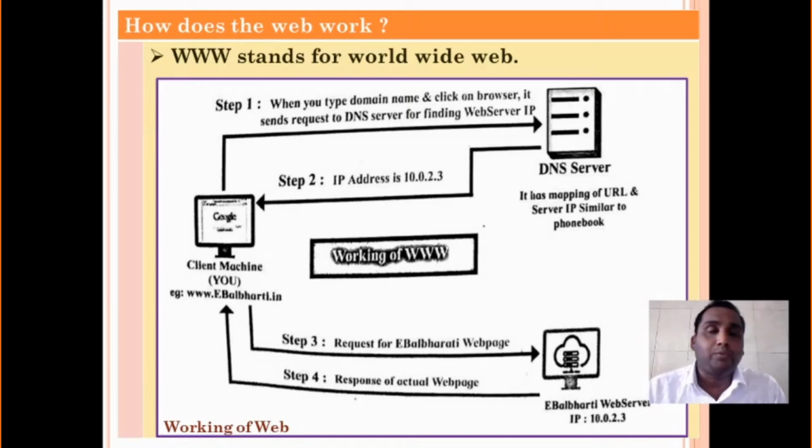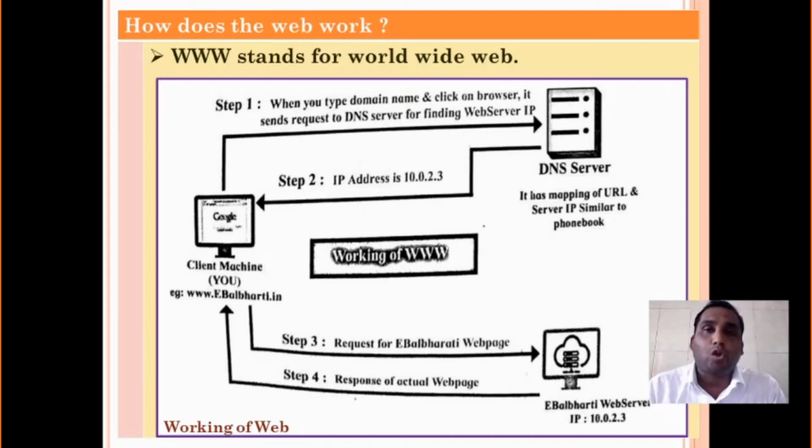What does the client computer do? Client computer is my computer. When I want to visit a particular website through my computer or through my cell phone, that is said to be a client. What I do is I type www.abc.com.